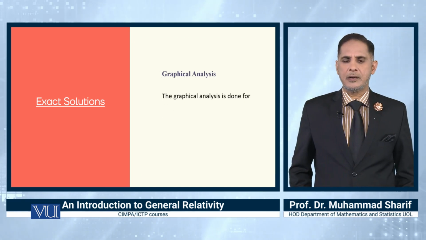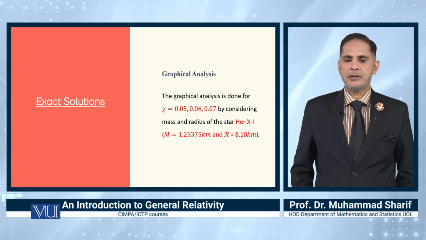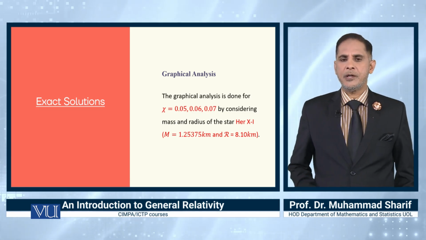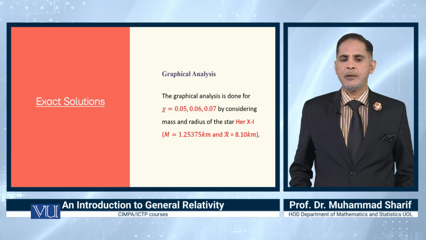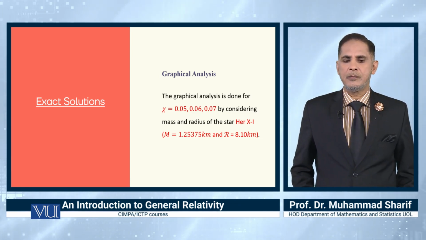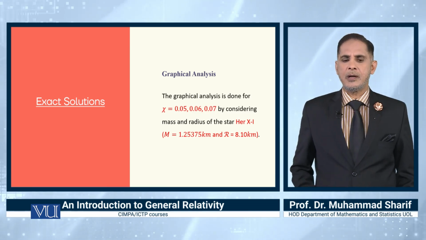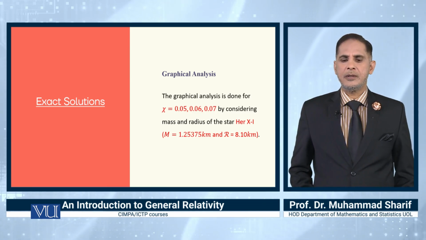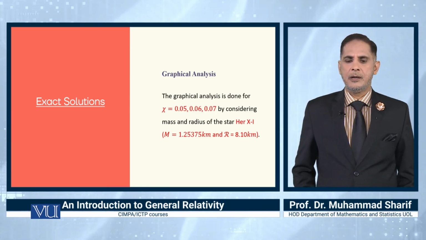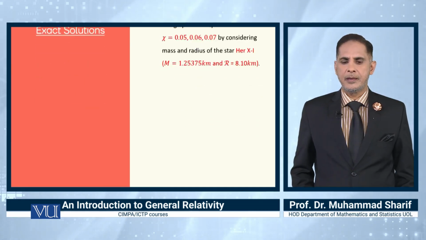Now, we can discuss the graphical behavior. Obviously, we shall discuss the graphical behavior for some particular values. Here we take the decoupling parameter as 0.05, 0.06, 0.07. I am considering three different values, and we also consider a particular star X1 which has mass and radius as follows.